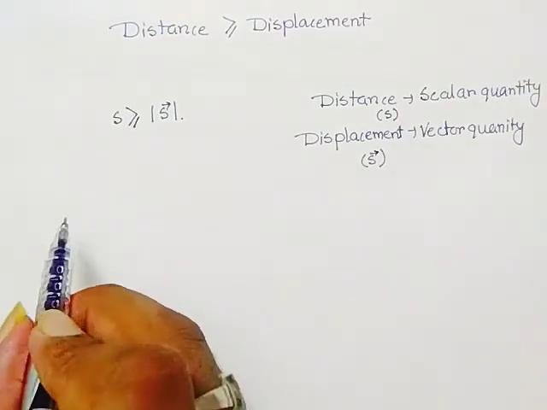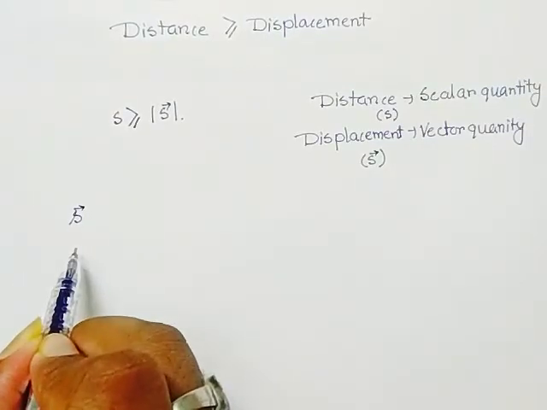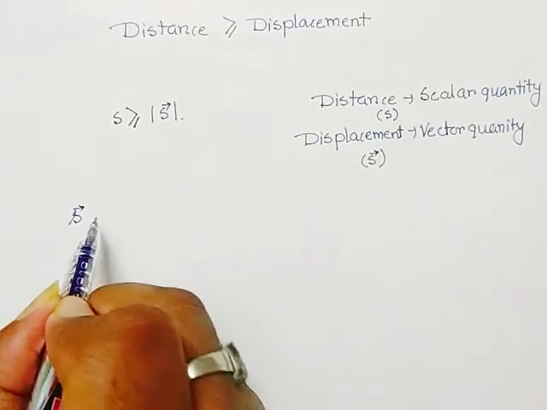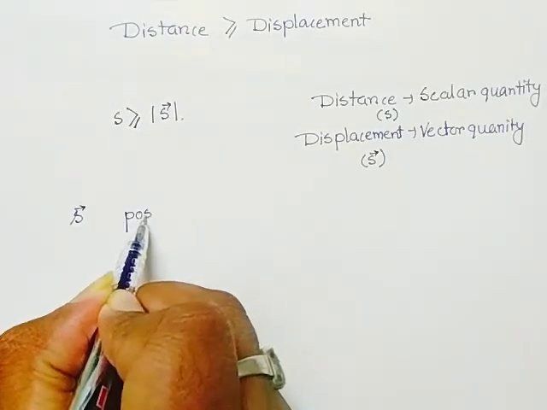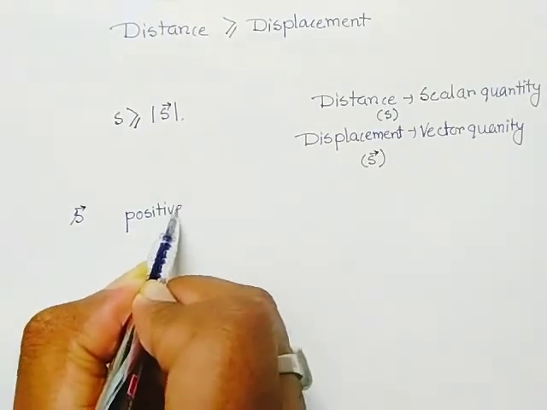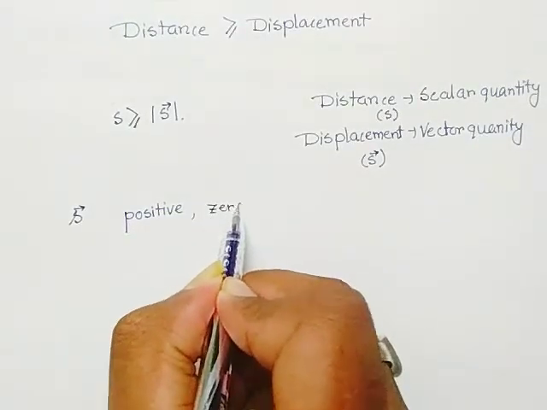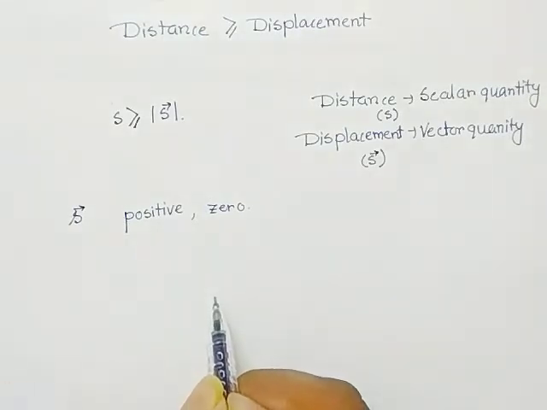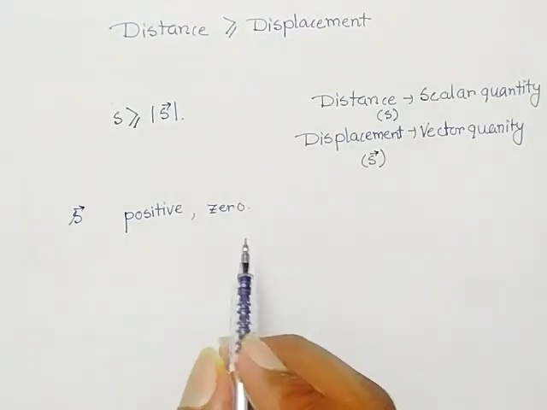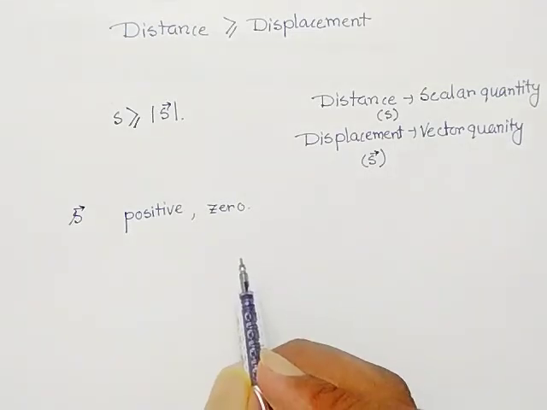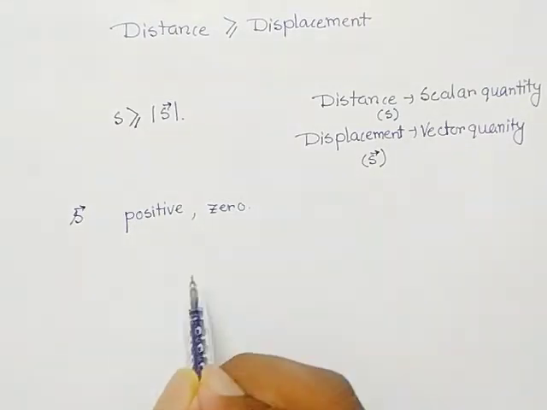Again, another point, we have seen that s vector, which refers to displacement, can be positive and 0. We have seen this thing. If an object translates from one position to another position, then it is positive, and it is 0.